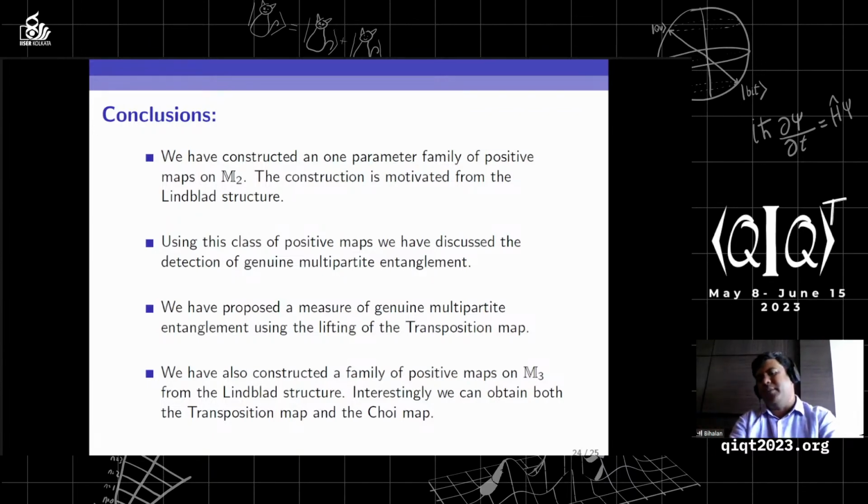So if we wish to detect entanglement via operators, we have to consider the approach of entanglement witnesses, and obviously these two are connected, because any positive map which is not completely positive gives rise to some entanglement witness, and it can be used to detect entanglement. So in general, it's a Hermitian operator.